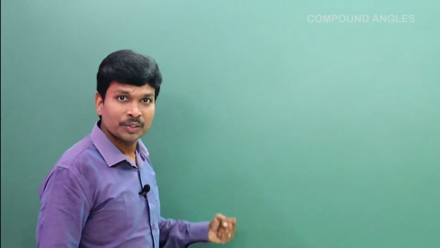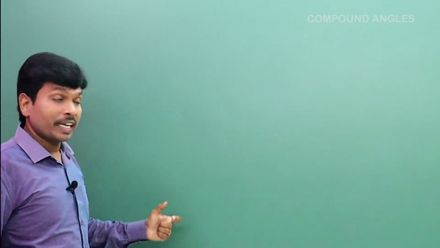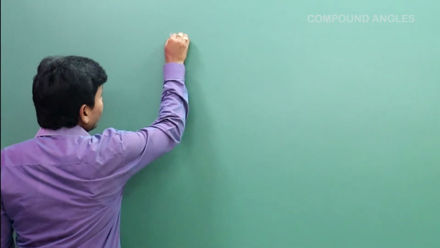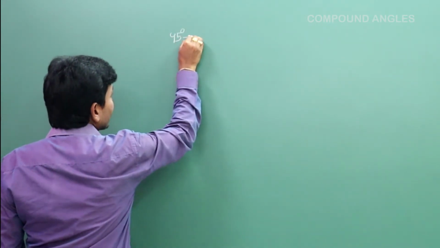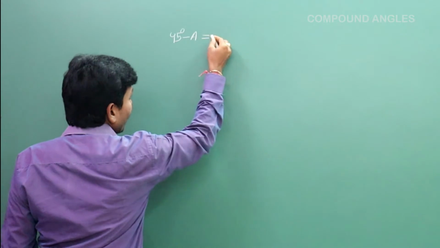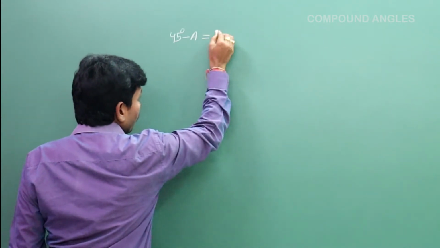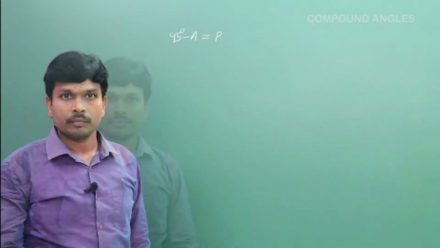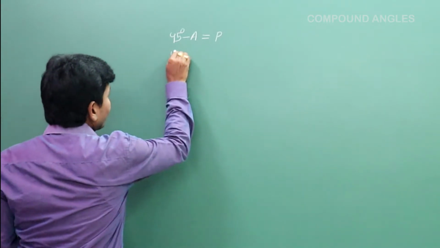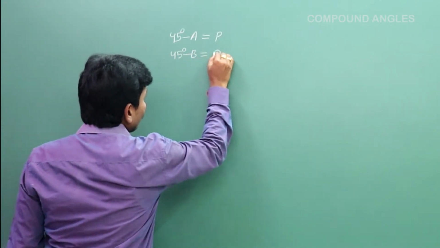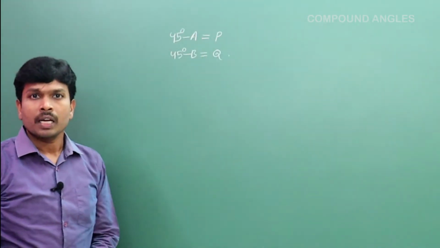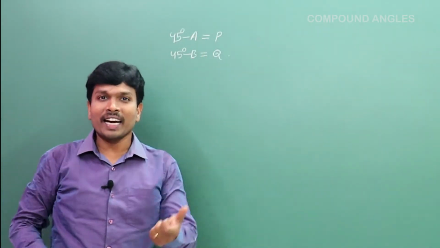In fact, you observe here, the entire 45 degrees minus A is denoted by, suppose, let it be P, and 45 degrees minus B is equal to Q. Just take it like that, then you can get an idea.